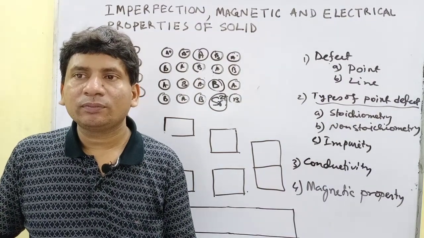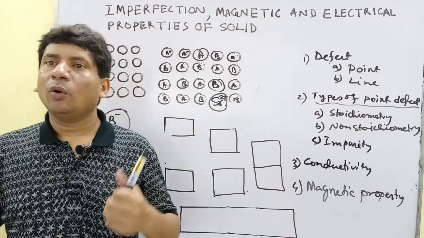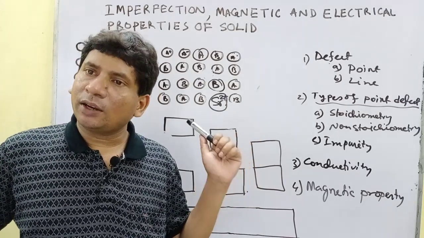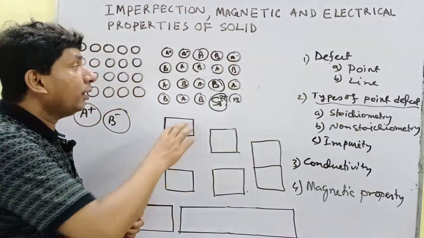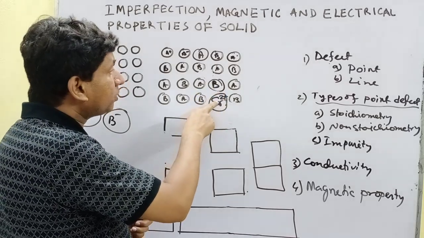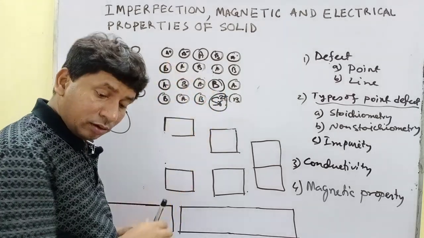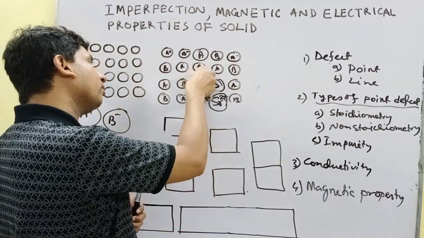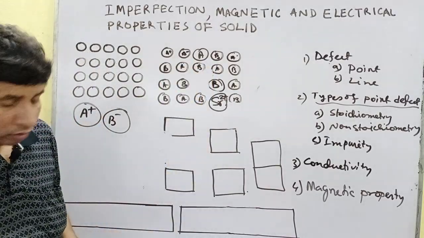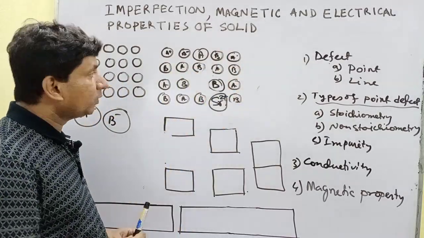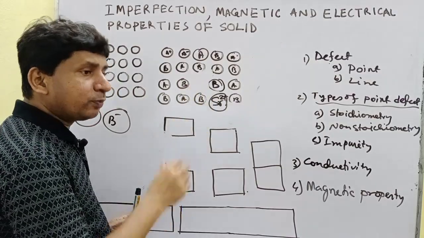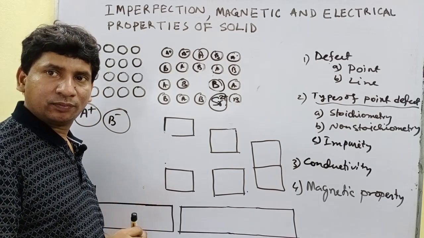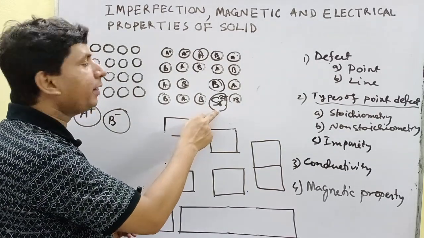Then what happened? One sodium cation is replaced by an Sr2+ ion. Then the charge is unbalanced, because there was a 1+ and now there is a 2+. So two sodium ions are missing, and it is balanced. That means two Na+ are replaced by one Sr2+. Why is it an impurity?